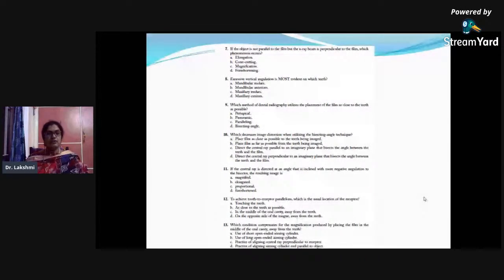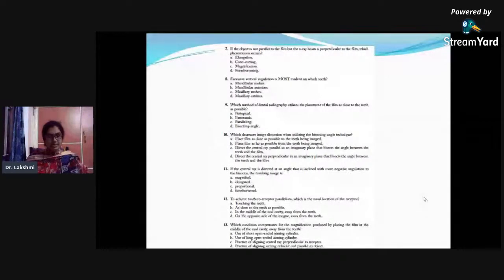12th question, to achieve tooth to receptor parallelism, which is the usual location of the receptor? That is C, in the middle of the oral cavity, away from the teeth, ideally. Then 13th question, which condition compensates for the magnification produced by placing the film in the middle of the oral cavity away from the teeth?